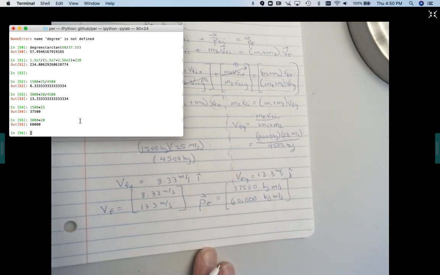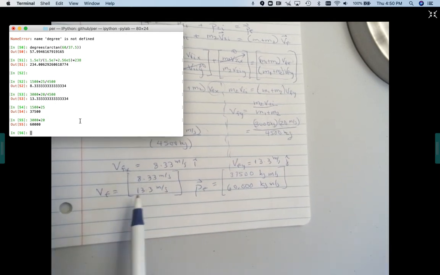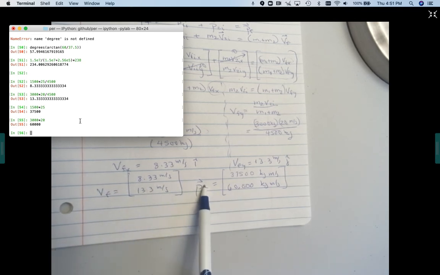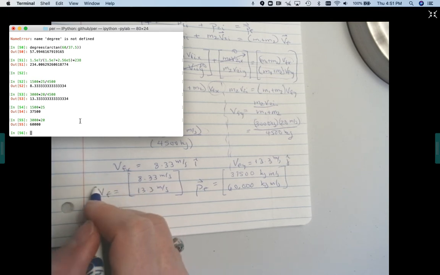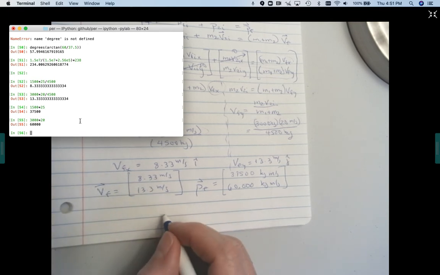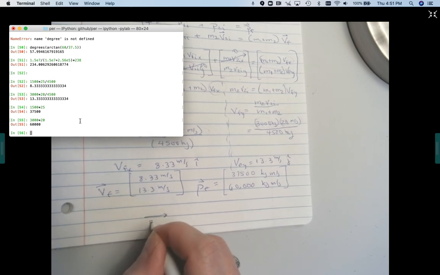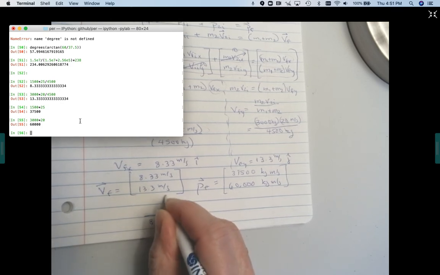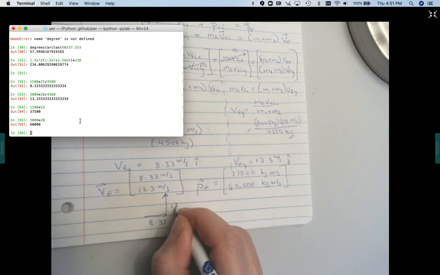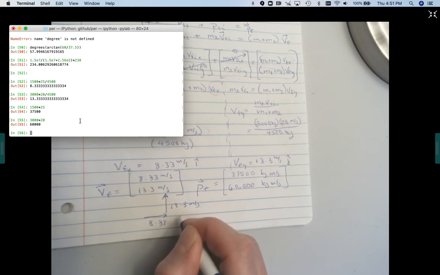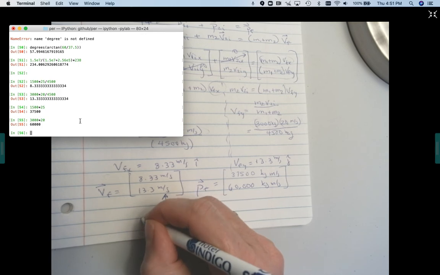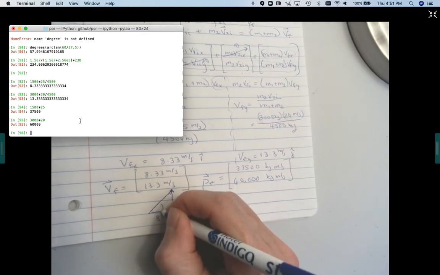Okay. If the problem also asked for the direction of velocity or direction of momentum, they're actually in the same direction, right? We talked about that. This is the vector. But we could figure that out as well, right? So this is saying that I have an x velocity of 8.3 and I have a y of 13.3. And I could find my hypotenuse and that angle.